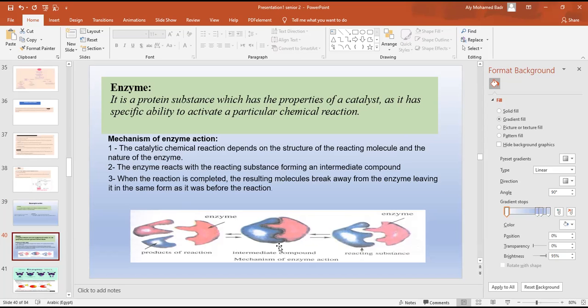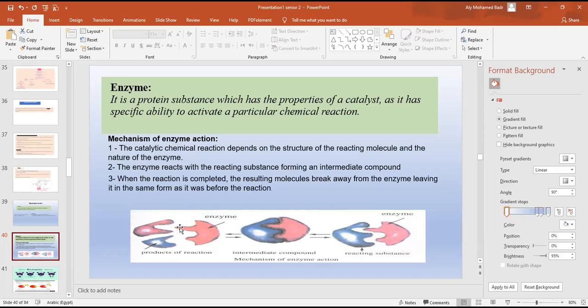This intermediate compound will then be broken down into the enzyme and the product. It will convert the reactant into product. So this is the action of the enzyme.